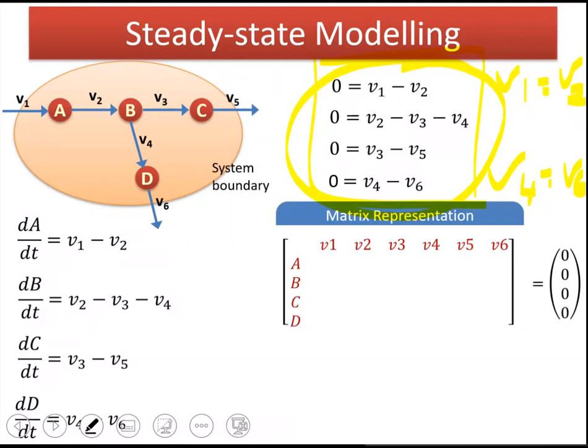We define a matrix, and the rows of this matrix represents equations. We have written an equation around metabolite A, right? So the first row in our matrix will represent this specific equation.